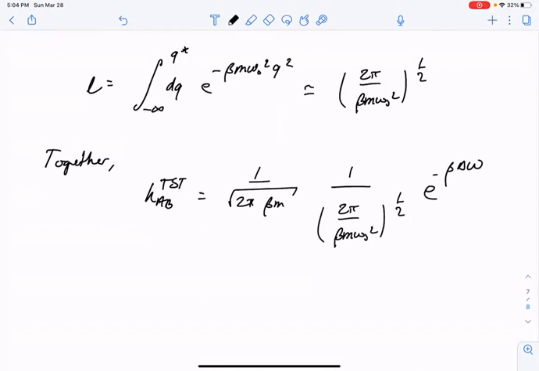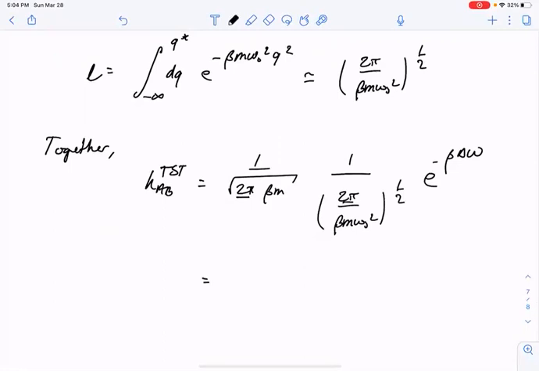So 2 pi and 2 pi under the square root will give us something under 2 pi. The beta m's cancel, and omega naught squared under the square root comes upstairs as omega naught, giving us this.